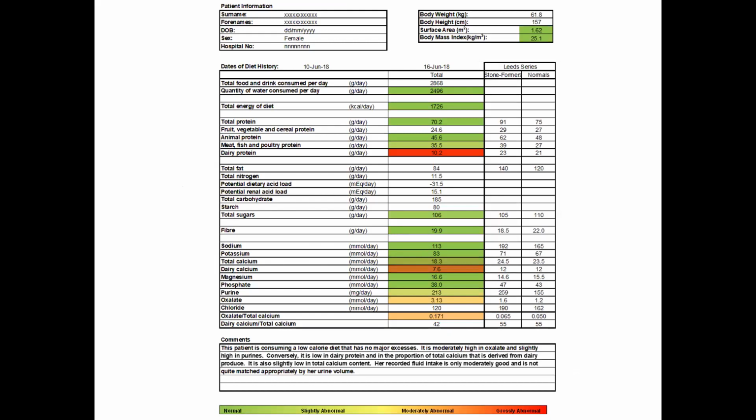Okay, so you take the history and there's a specific software where you enter everything and you get these calculations. Yes, we don't take any diet. We just ask the history. We ask just the amount of red meat and the salt intake, but we don't go into all the detail.